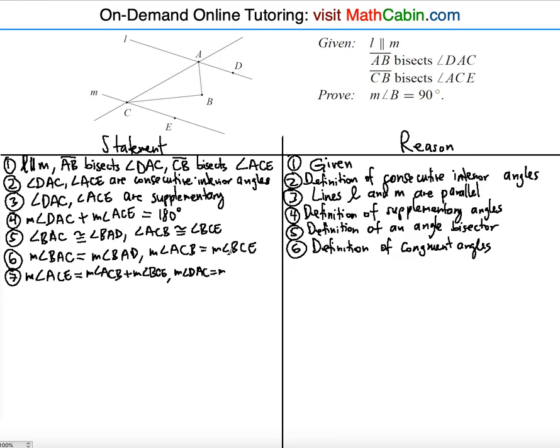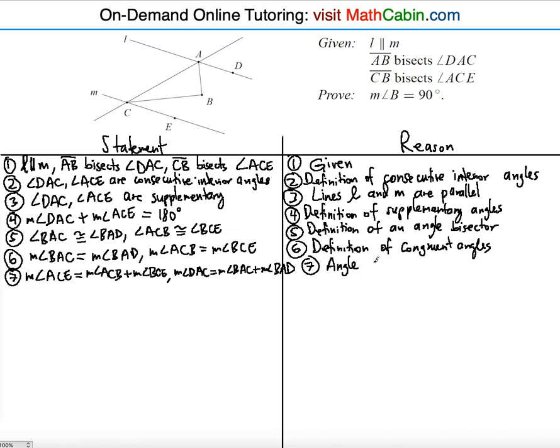So we can say BAC plus BAD. BAC plus measure of BAD. Okay? And the simple reason for that is the fact that, again, it's just the angle addition postulate.